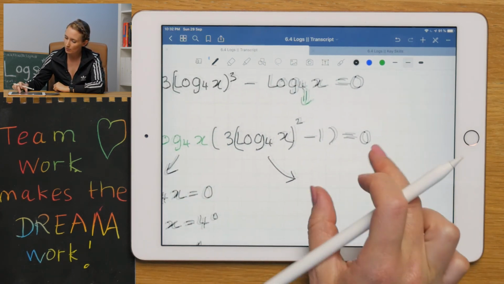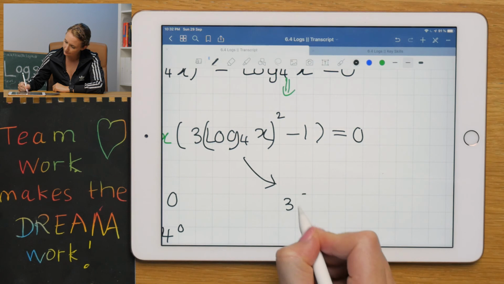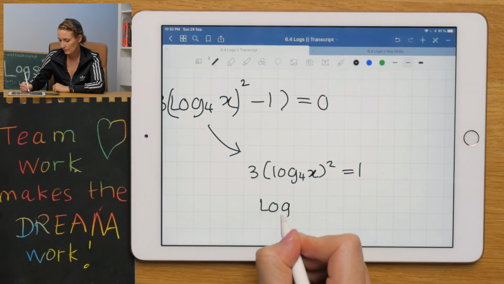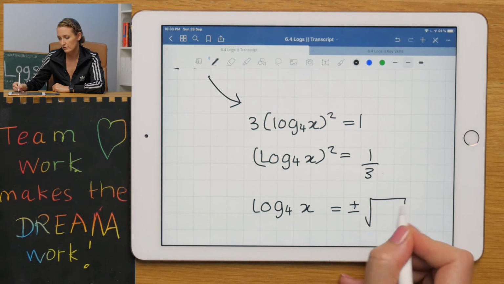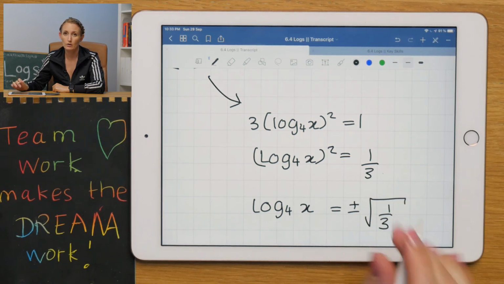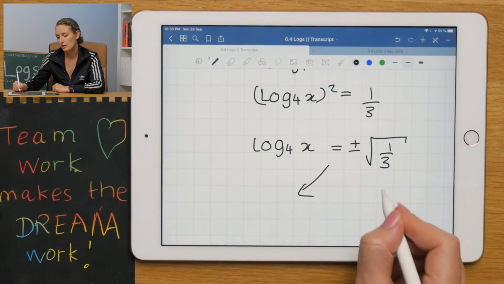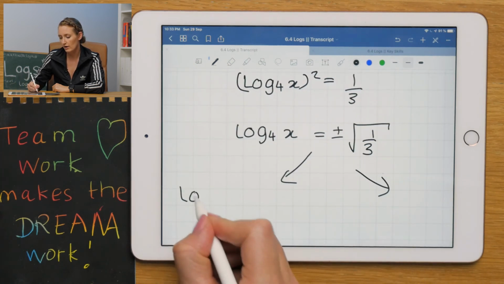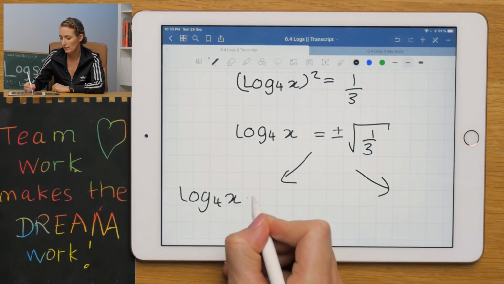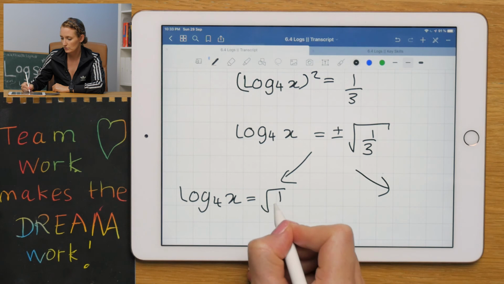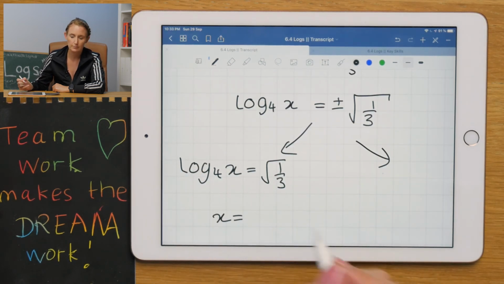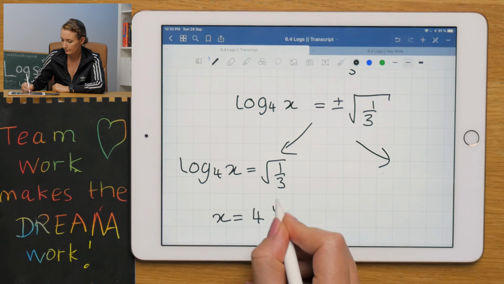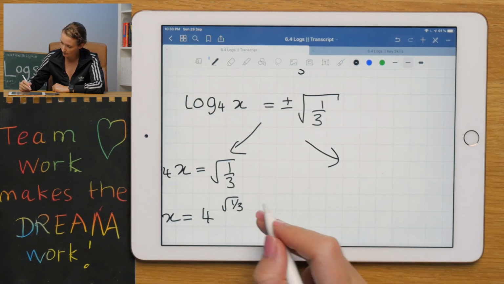This one's slightly more complicated. Plus or minus the square root of a third. My gosh, this question is nasty. It must have been a very mean human being that wrote this question. Pop the x up, pop the 4 up.